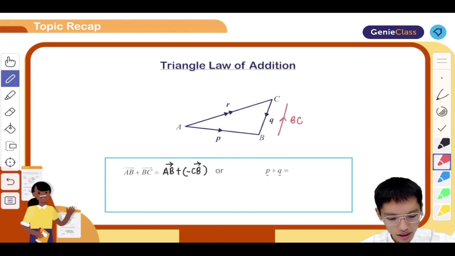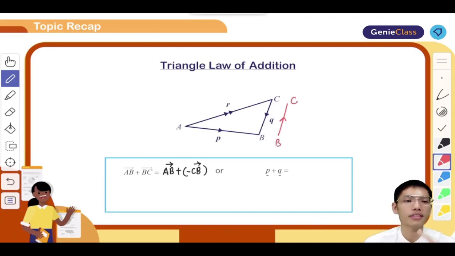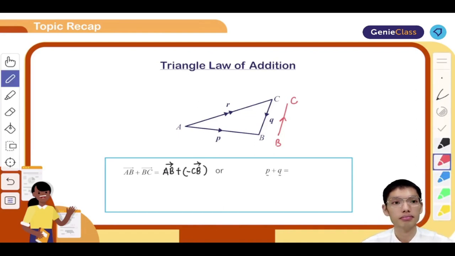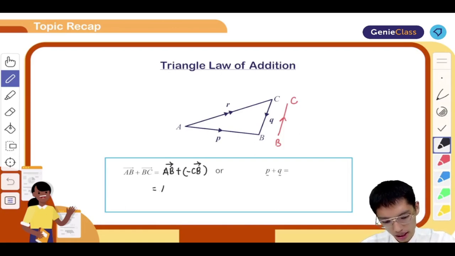Because CB multiplied by -1 gives me BC, and similarly, BC multiplied by -1 is CB. And from there, that's where I have AB minus CB. This then gives me AC.